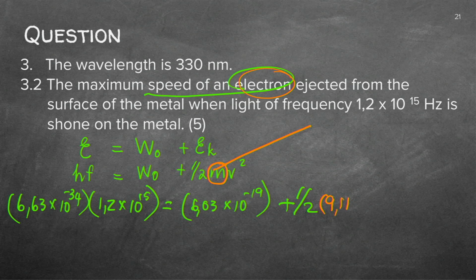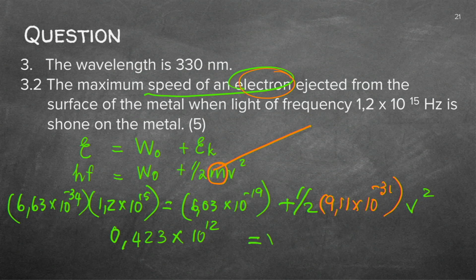So make sure that you copy that correctly. And I now have the velocity squared. And if you do the math now, you will find that you get a value of 0.423 times 10 to the 12th, which is v squared, and v is thus 6.5 times 10 to the 5, and the unit of that would be that.